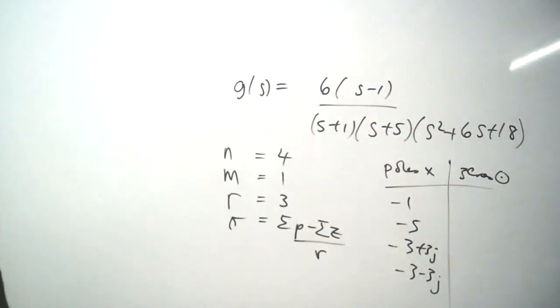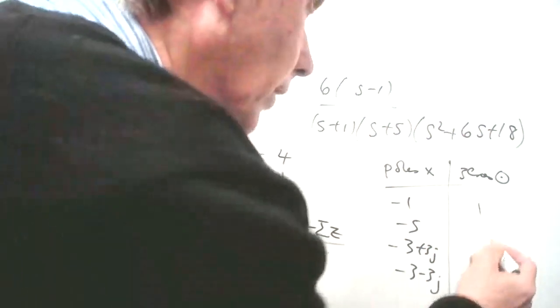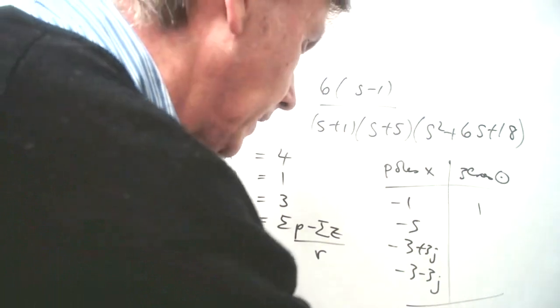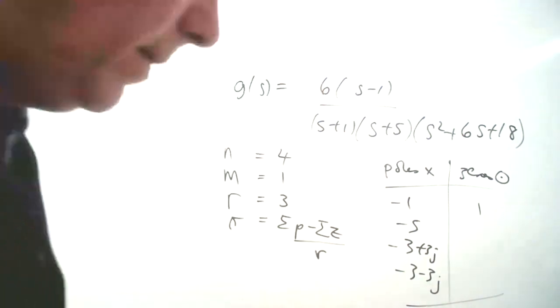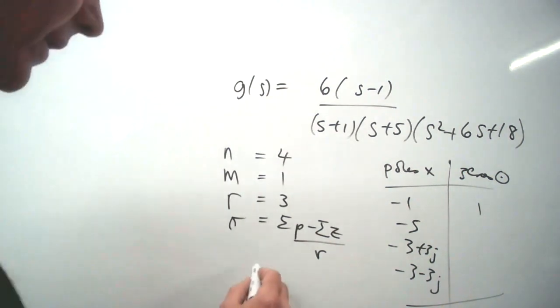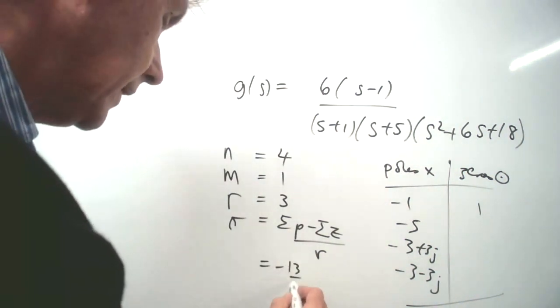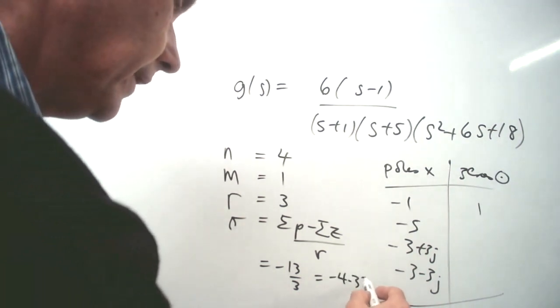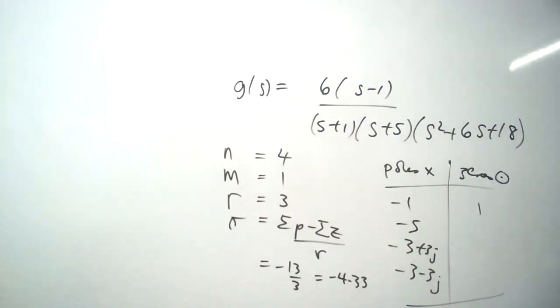And there's a zero at 1. So this comes to 5, 6, 7, 8, 9, 10, down to -12, and that comes out as 1. So sigma is -12 minus 1, over 3, which is -4.33. So in that particular case, sigma is -4.33.